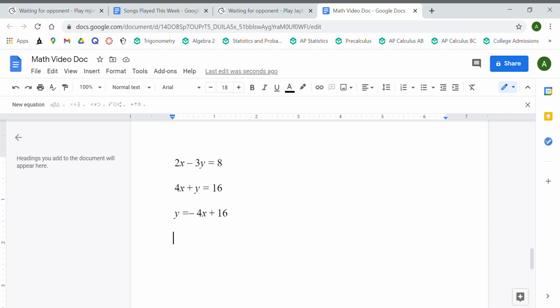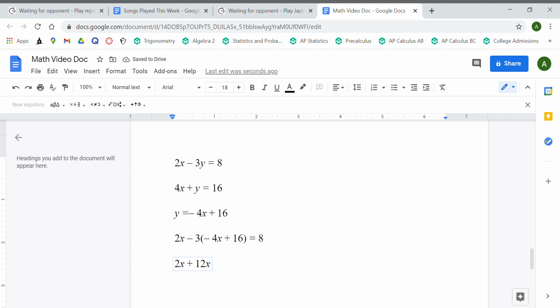Alright, so we have 2x minus 3, substitute for y, negative 4x plus 16 equals 8. Simplify it with the distributive property. 2x, negative 3 times negative 4 equals positive 12x.